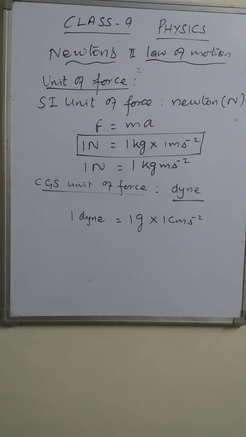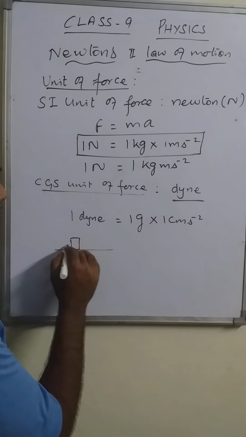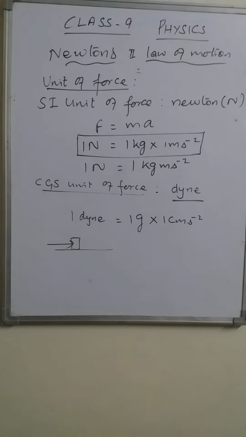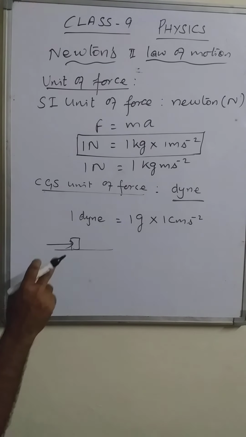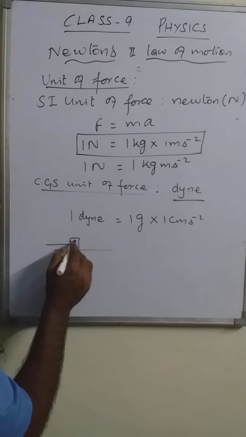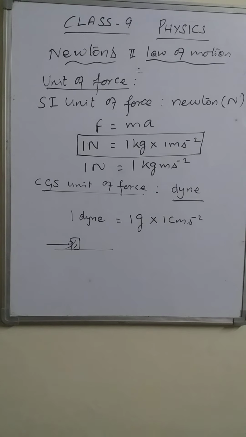Means when we put an object on the surface and the force is applied, if its mass is 1 gram and it produces acceleration 1 centimeter per second square, then the force is 1 dyne.